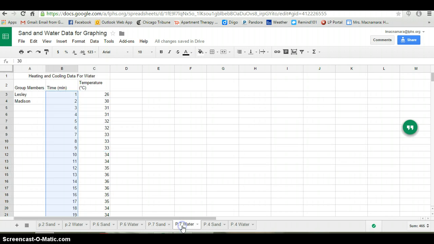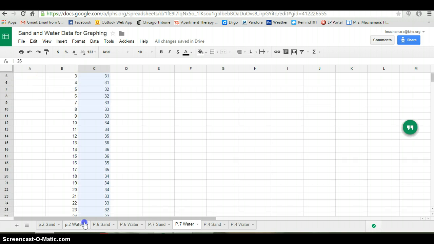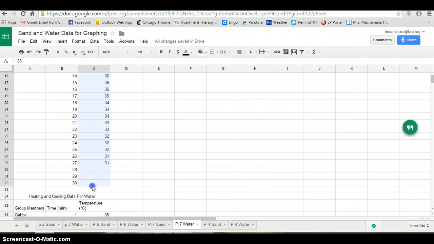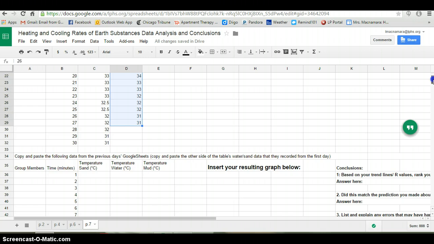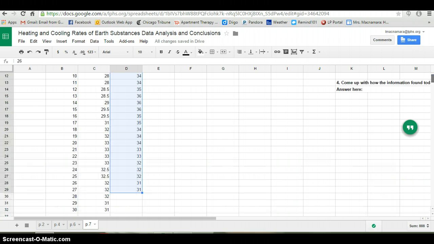So my water people, in this case the sample one, was Leslie and Maddie. If I were them, I'd be highlighting this, and they got 27 minutes of data, which is fine. I'm going to paste that in here. Okay, so here we see our data so far.